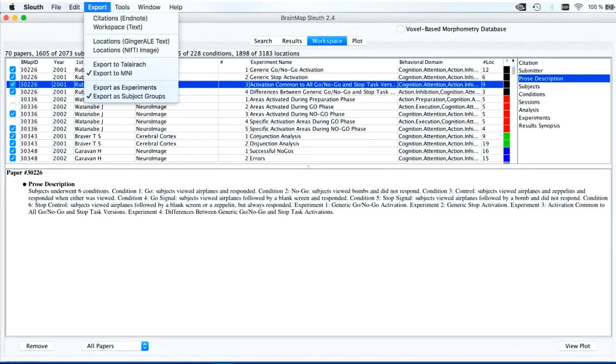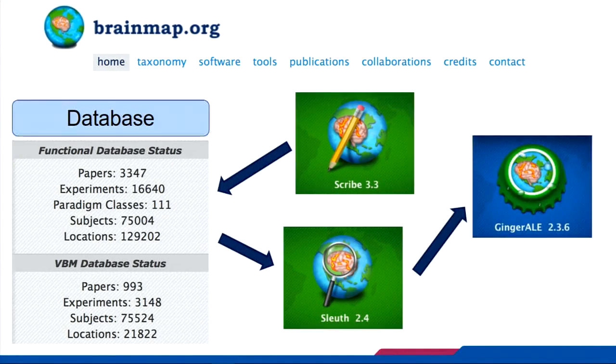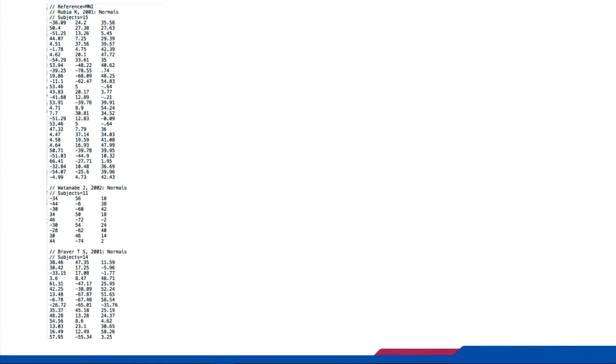Again, as you see with these checkboxes, you can select which of the experiments to actually include or not, and then you go to export locations as a GingerAle text file. And this saves a text file which you can then use to actually perform the meta-analysis using GingerAle. The file looks something like this. Quite trivial.